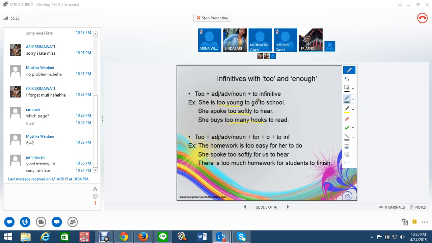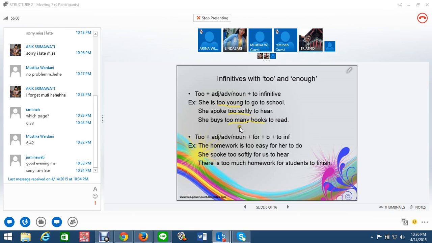Okay, you get it, right? Do you have any question about this too infinitive with to? So the too should be paired with an adjective, should be paired with an adverb, should be paired with a noun. You have to remember that. It's easy, don't worry about that.